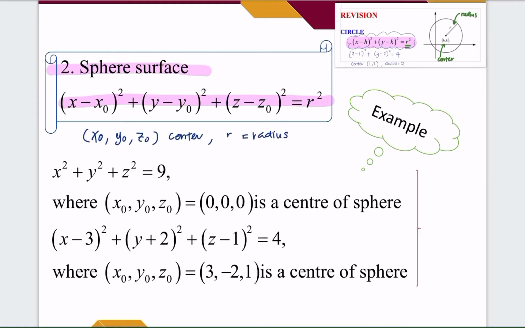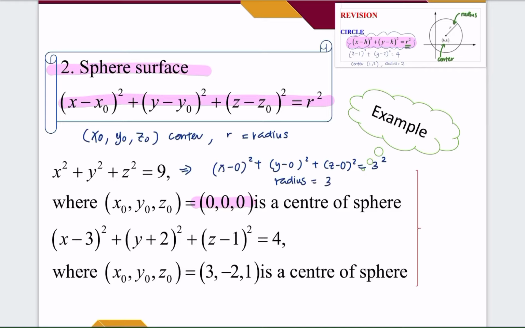If you look at the first example, x squared plus y squared plus z squared equal to 9, it means x minus 0 squared plus y minus 0 squared plus z minus 0 squared equal to 3 squared. So our center of the sphere is (0, 0, 0), and the radius is 3.